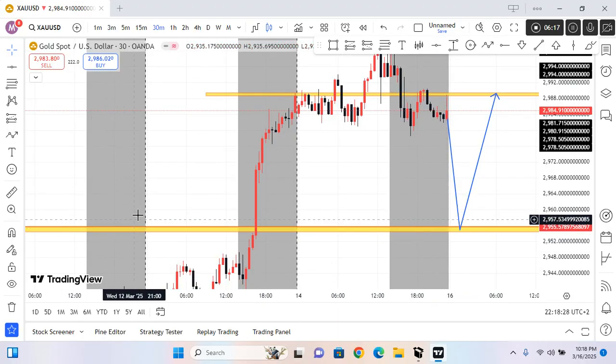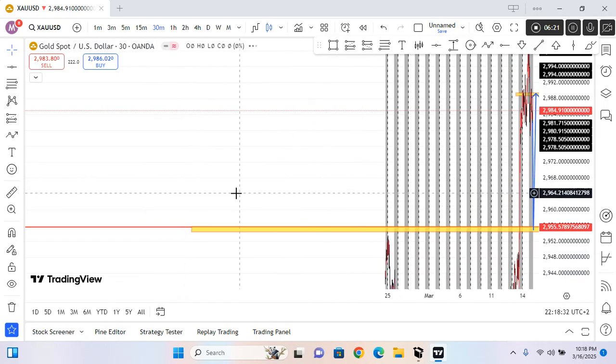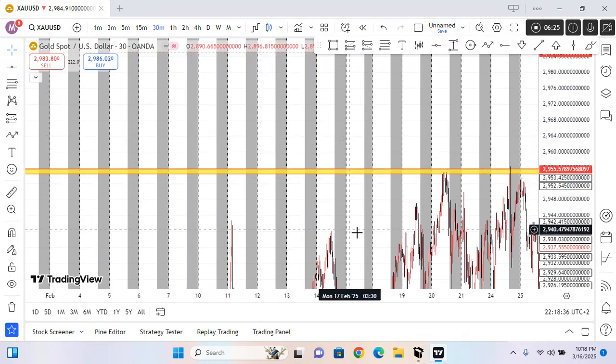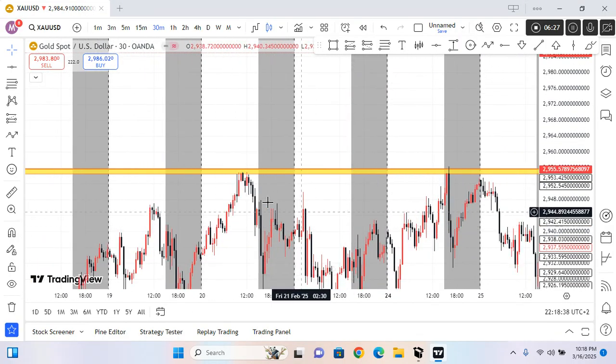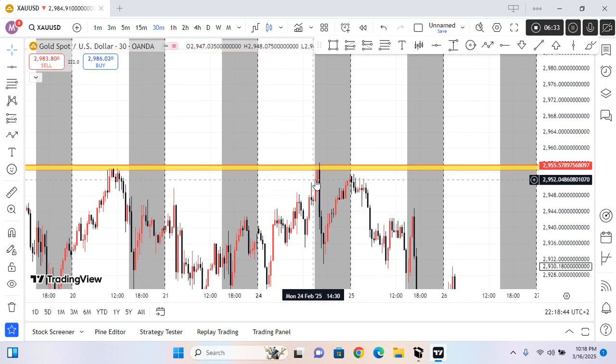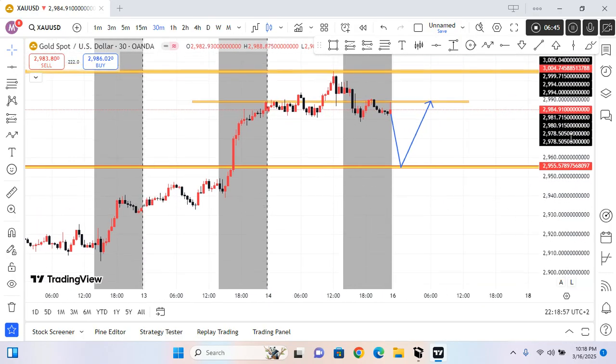Let's look to our left-hand side, where there is this red line where it's coming from. Now look, it touched and reversed on this red line or yellow line. Look at here what I'm talking about. This is a valid bank zone because it has been tested in between a New York session time. I hope that is crystal clear.